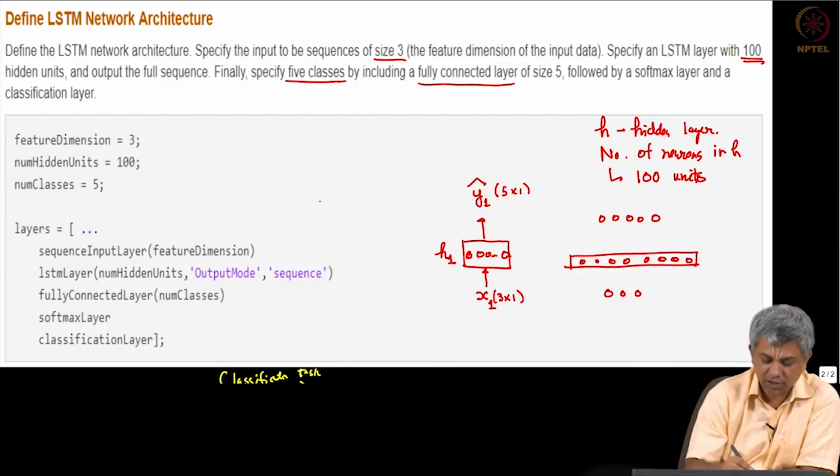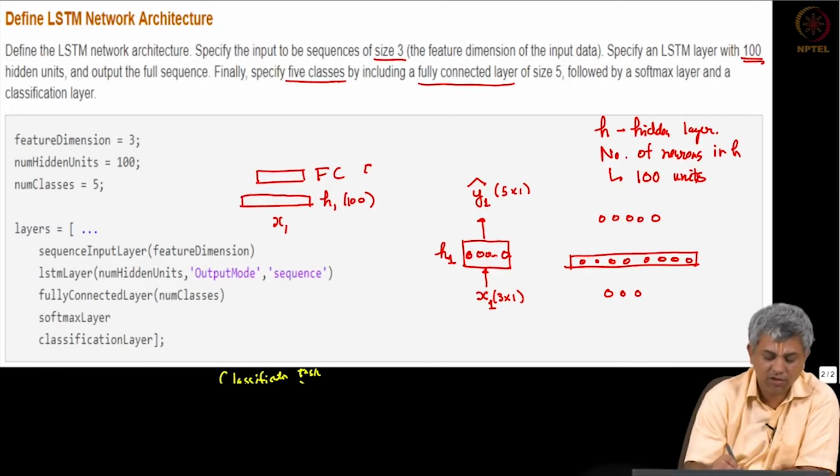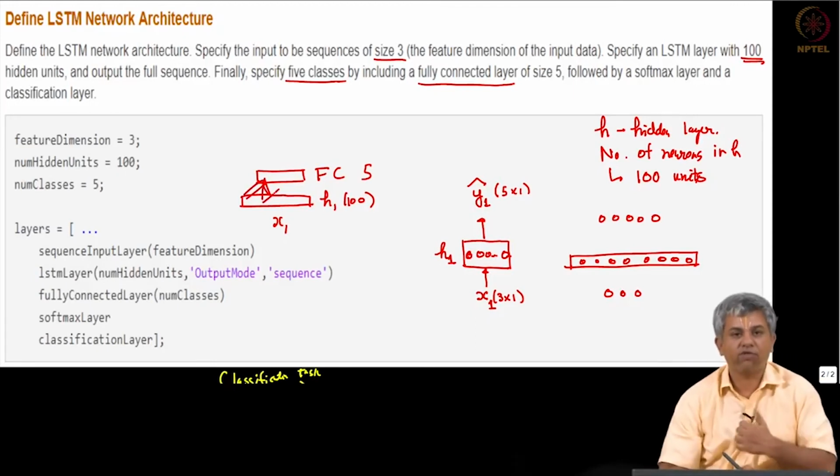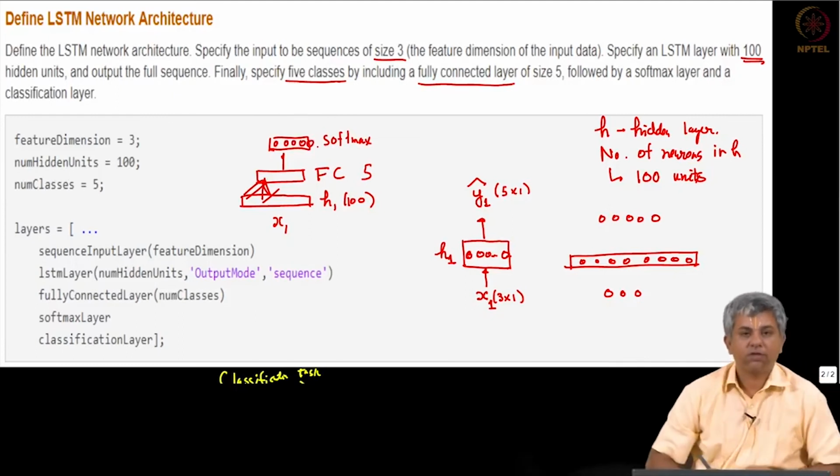So, after this, let us say I start with x1, I have a hidden layer with 100 neurons. After that I can put a fully connected layer of 5 neurons, which means you are going to get a fully connected thing here, and after this you have softmax, okay, with 5.